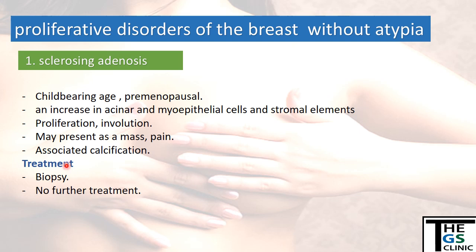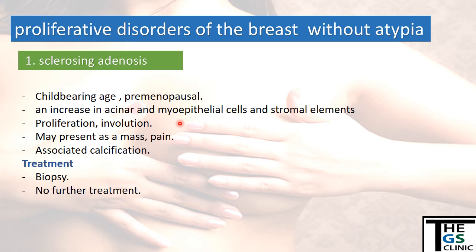There are ups and downs, and these ups and downs lead to hyperstimulation in this area and lead to scarring and a mass formation. So as we said here, there will be proliferation and involution. Proliferation and involution will gradually lead to a mass-like structure that contains this scar tissue, fibrous tissue, collagen, epithelial cells, and stromal element.